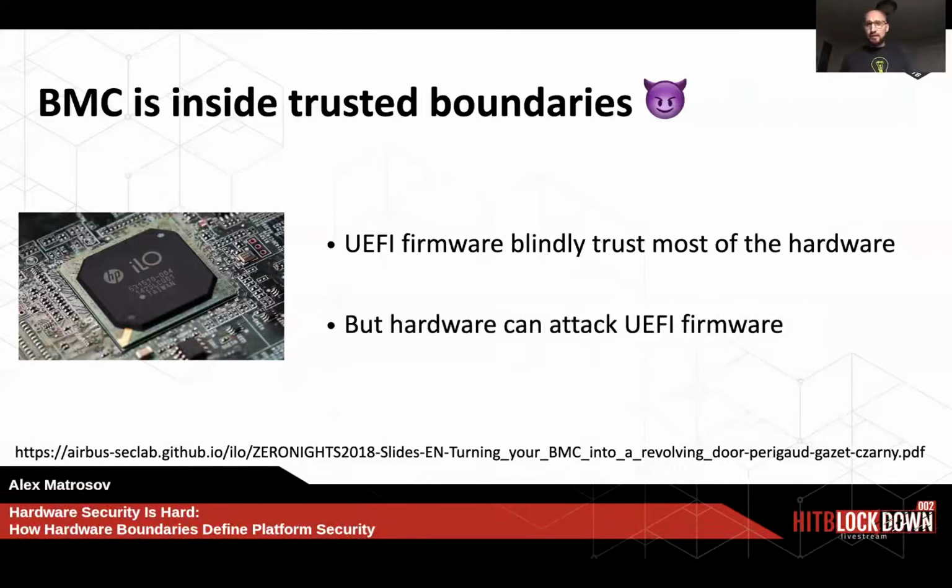You can't go and physically reboot each machine or update each machine. So the baseboard management controller can update the system firmware, it can remotely reboot the machine, or even more, it can actually provide some debugging interfaces.